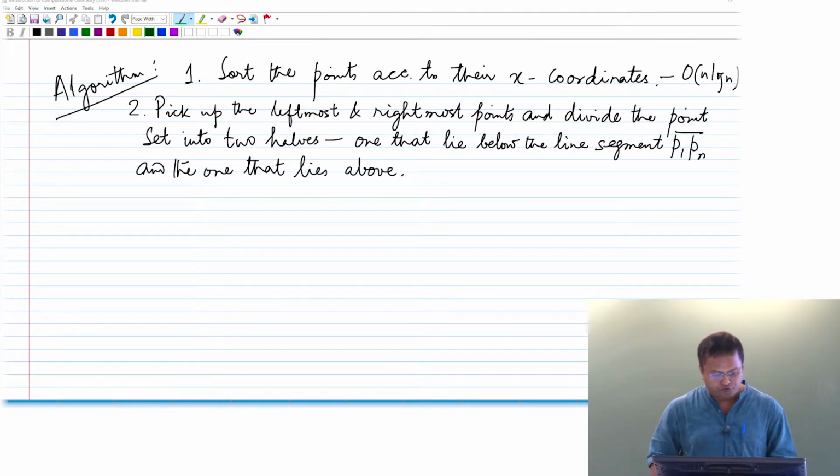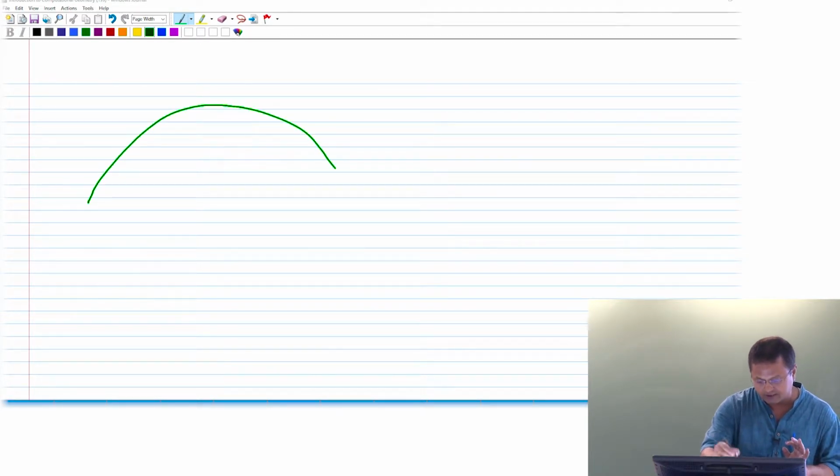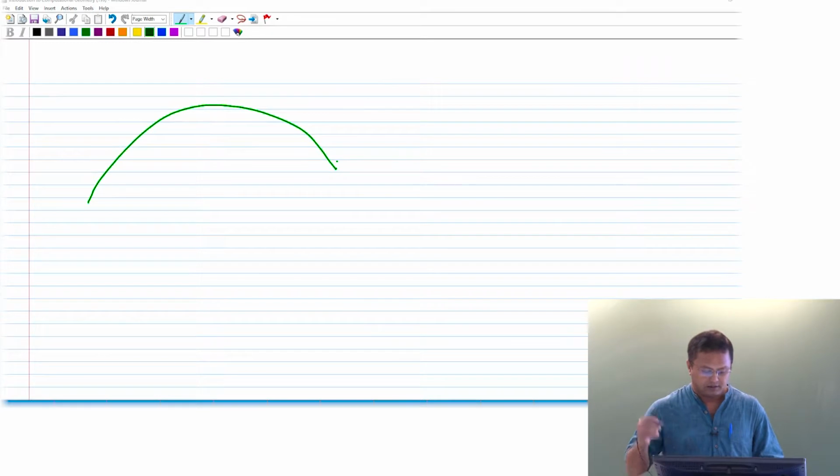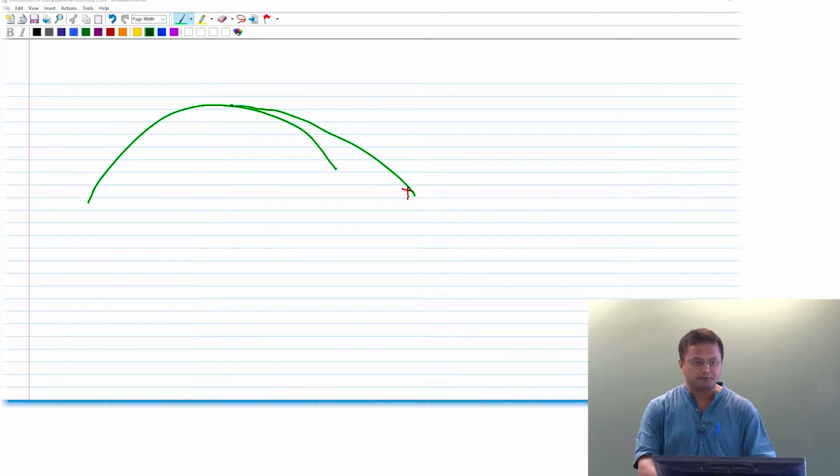So, to show to you further, the story is something like this. I had this chain like this, a new point comes. So, I have to have this chain like this, right.